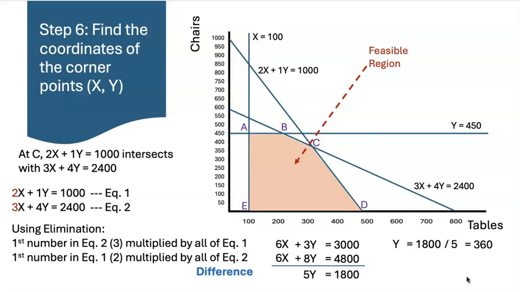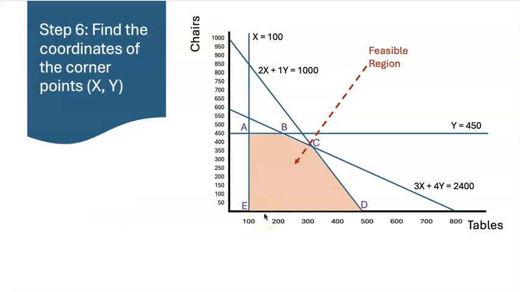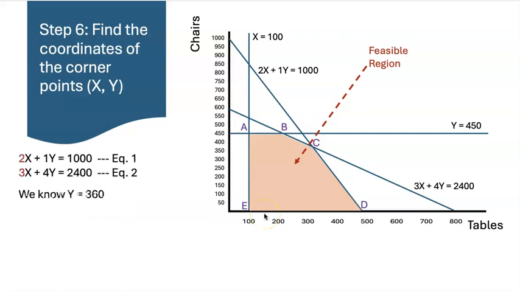Now that we know y, we can use substitution, substituting y equals 360 in any of the original equations, and use that to find x. So let's go. We know that y is equal to 360. Using substitution, we're going to use the first equation: 2x plus y equals 1,000.